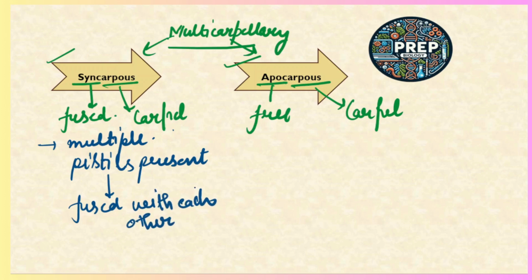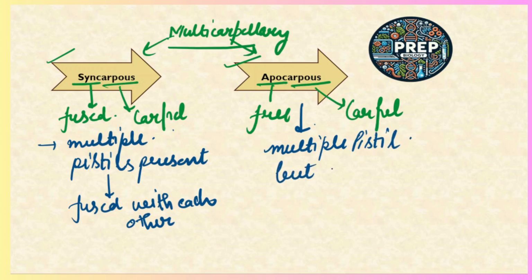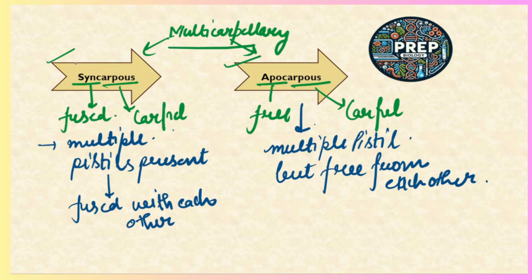So that condition is called syncarpous. Now apocarpous, when multiple pistils or carpels are present, but they are free from each other. So these terms are very important. As the name suggests, syn means fused, apo means free.